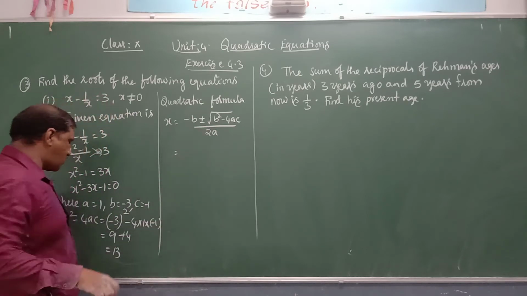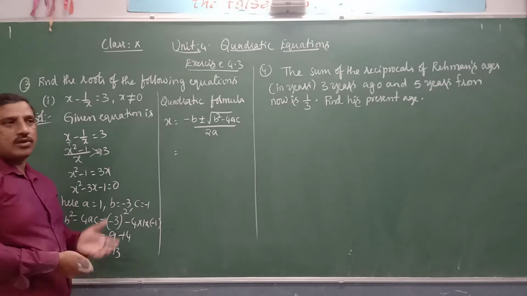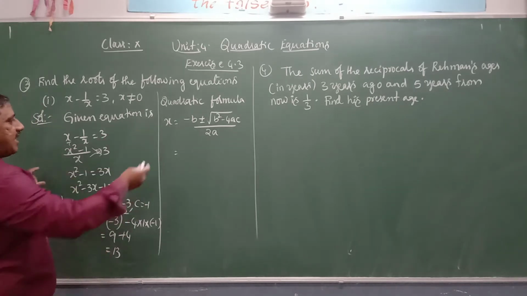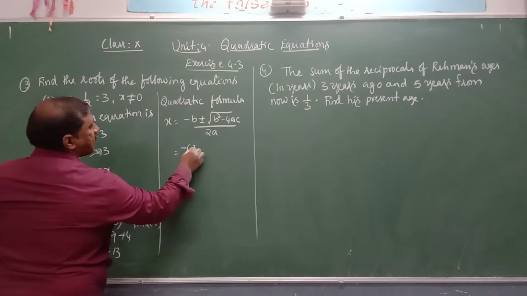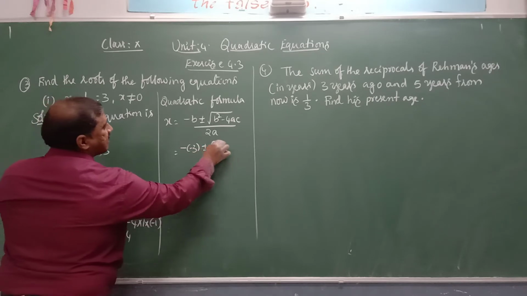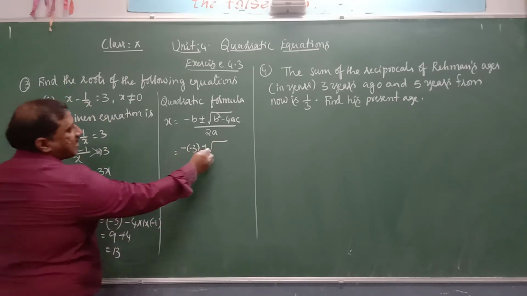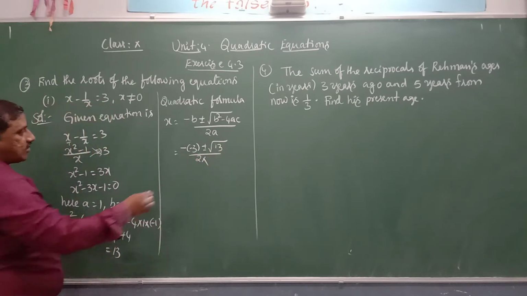Here b square minus 4ac we got 13, which is more than 0, therefore real roots will exist. Now substitute: minus b is minus of minus 3, plus or minus square root of 13, divided by 2 into a, which is 1.